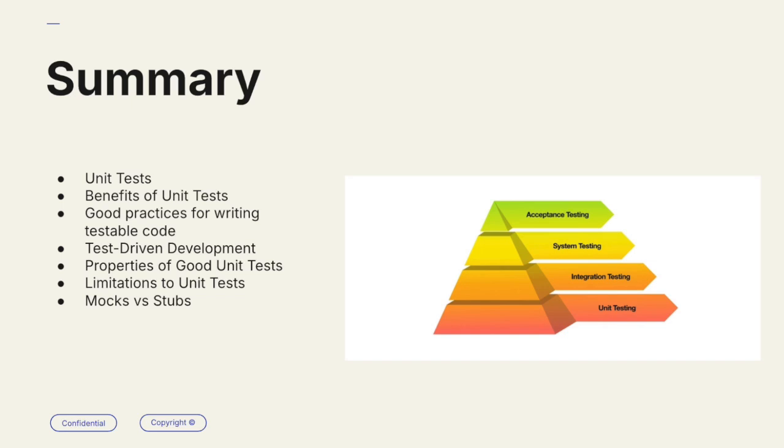While they're essential for ensuring code quality at a granular level, they don't cover system-wide interactions, external dependencies, or complex user interfaces. That's why it's important to complement them with integration and system tests for a more comprehensive testing strategy. Unit testing is a powerful tool, but it works best as part of a balanced testing approach that covers all aspects of your application.